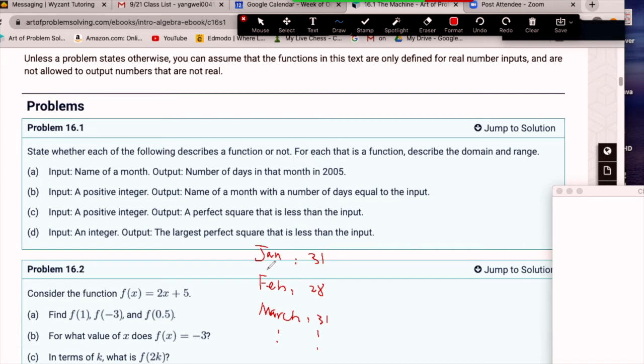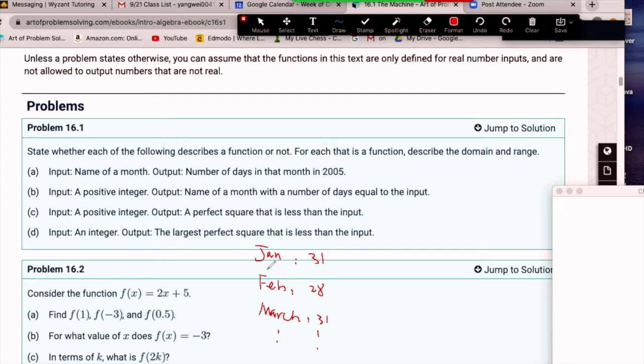Suppose January, you got 31 days, you also got like 29 days. This one never happened, right? For January, usually you have 31 days. So for each month, how many days you have, that's fixed. And also for each variable, each month, you definitely have a number corresponding to that month, right?